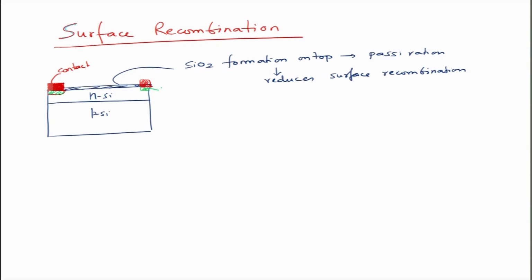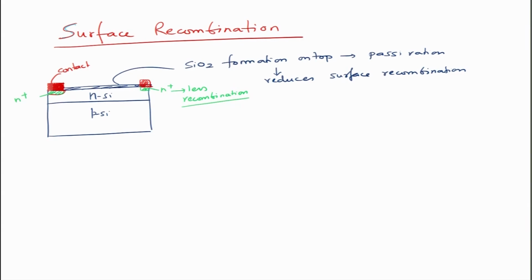So, this would be N plus, and this keeps the minority carrier away from high recombination. So, there is less recombination. As you apply the bias, the minority current increases and minority carrier concentration increases. So, you would like to prevent the recombination to reduce the recombination current.